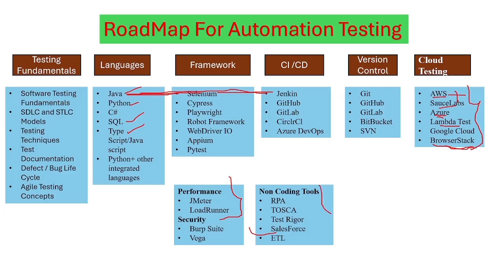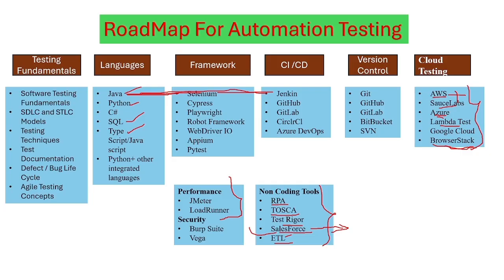Here you can observe there are non-coding tools if you don't like coding. RPA is available, Tosca is there, Testrigor is there, Salesforce is there, and ETL testing. Actually, Salesforce is both manual and automation, you can do both. Whoever is interested in manual can do manual Salesforce testing, and those very interested in coding can do Salesforce automation testing.